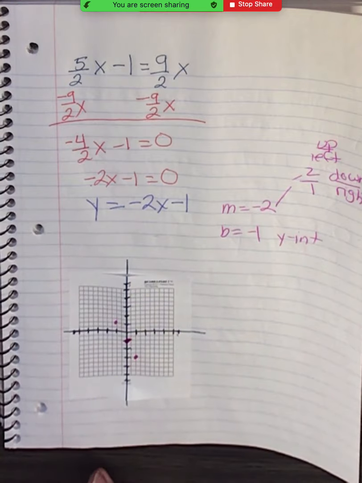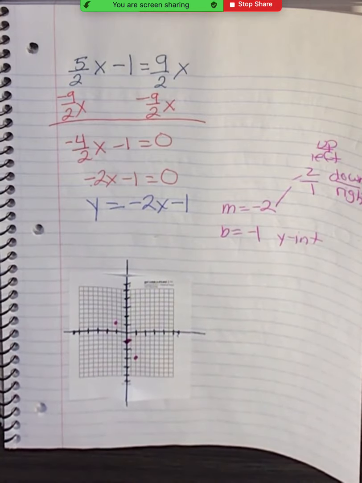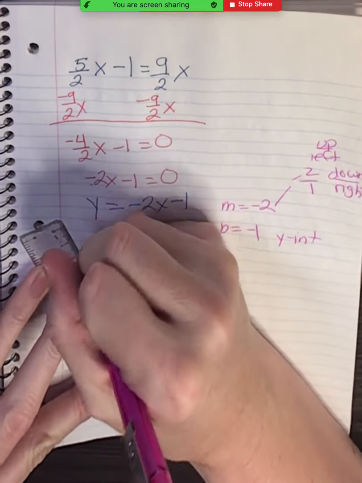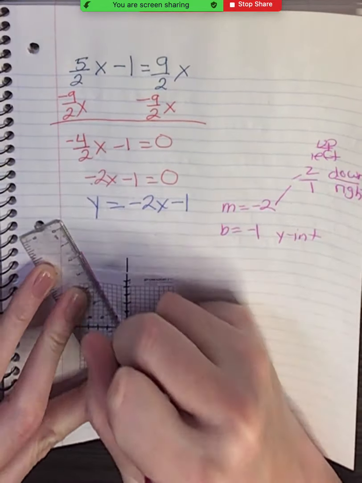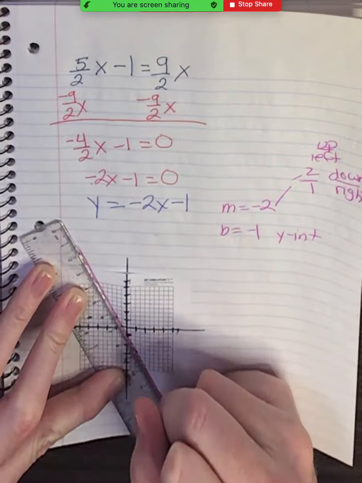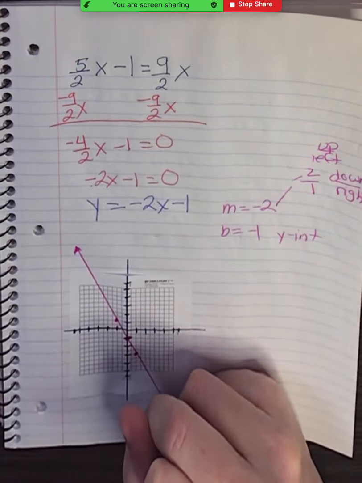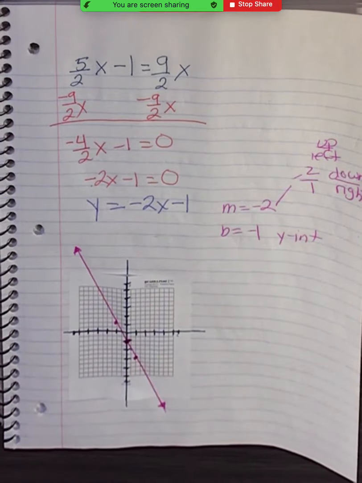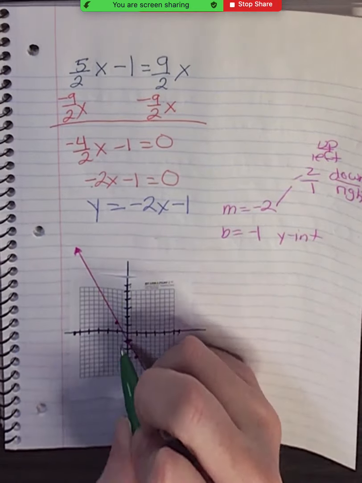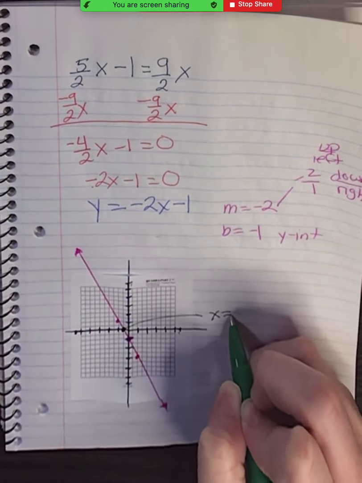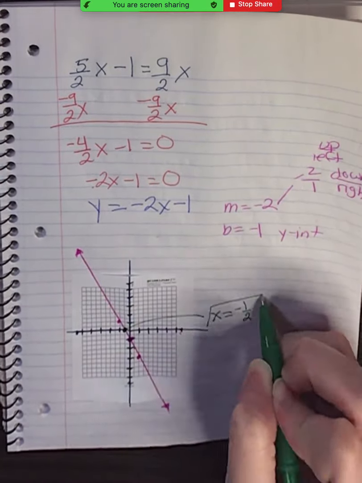Okay? Then use a straight edge and connect your points. And the solution happens to be where the graph crosses the x-axis. So it crosses right here, and that looks like it's at x equals -1/2.